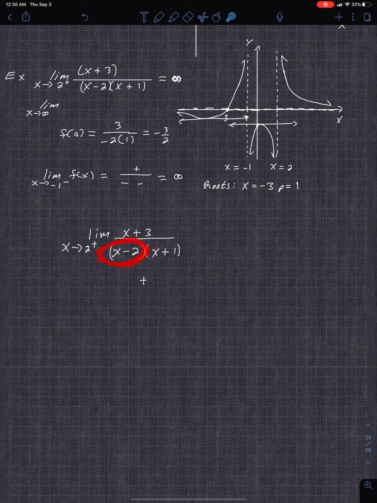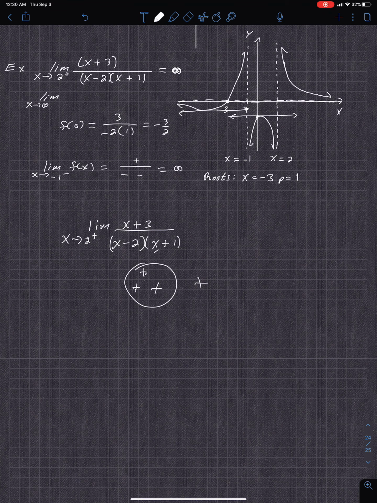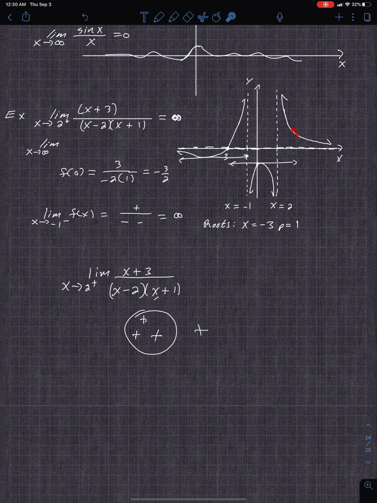If you approach 2 on the right, it'll be a positive number. And if you put in a 2 here, it's also positive. So this is a positive divided by all these positives, which makes a positive. But you know that this value in the denominator is going to 0. So this whole thing will be going to positive infinity. And if you look at the graph, that's exactly what I have here. It goes to positive infinity.